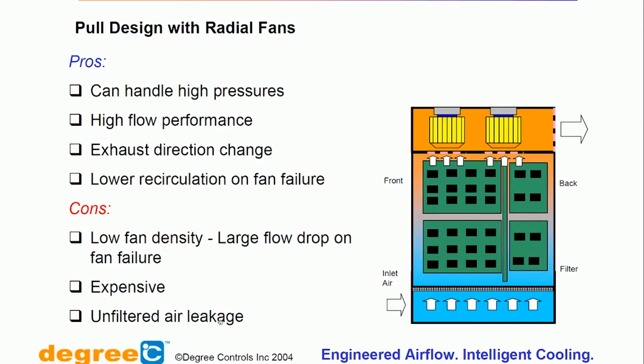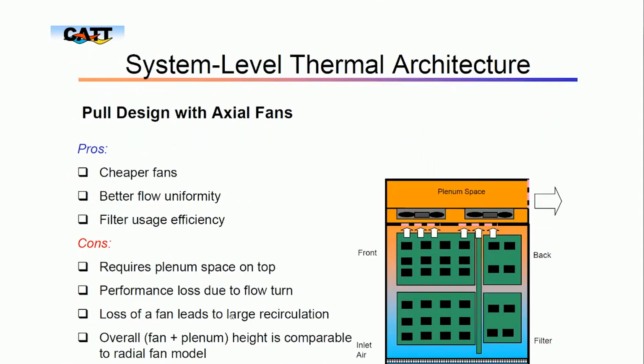You have power cables, and places where the cables have to be inserted. All these places will suck air. So, it is not just about air leakage, it is about unfiltered air getting inside.